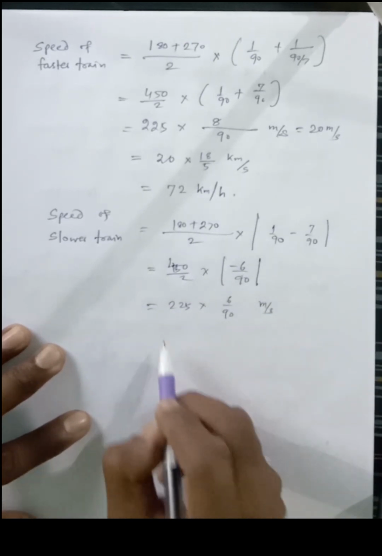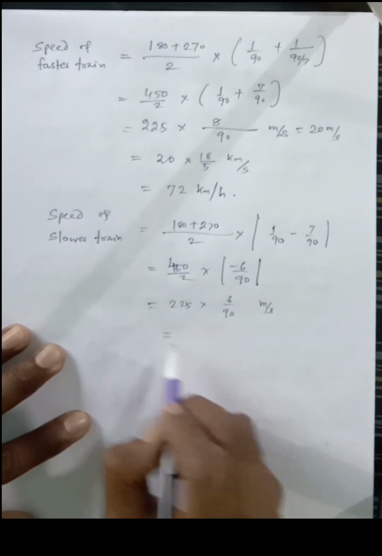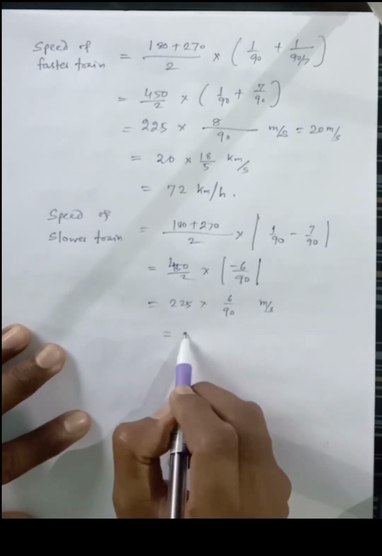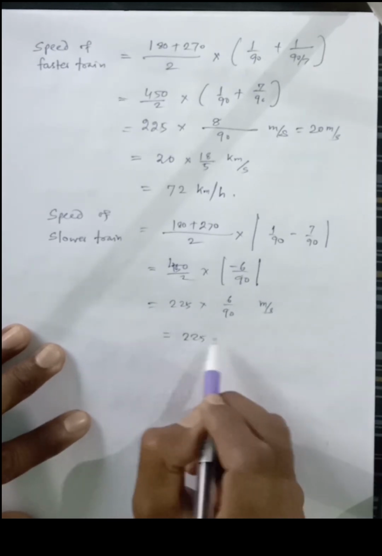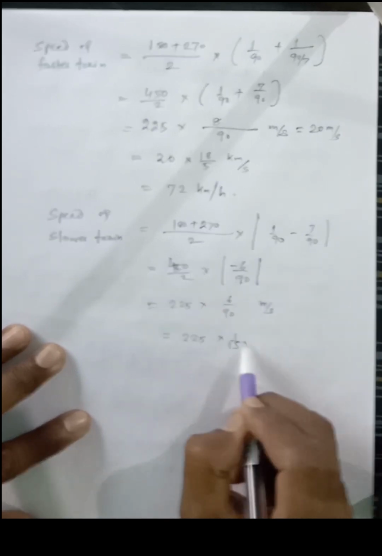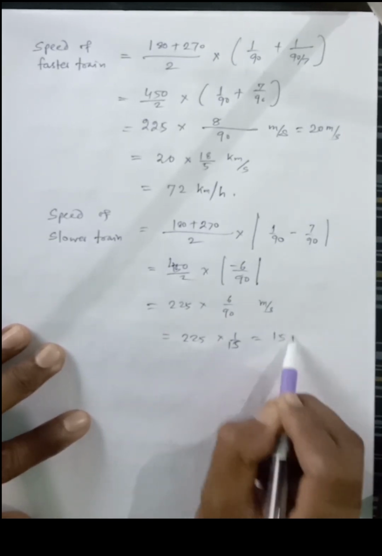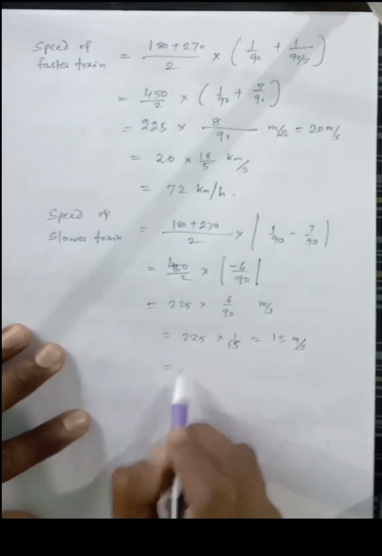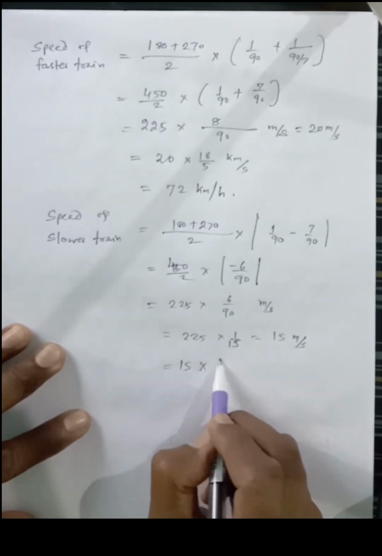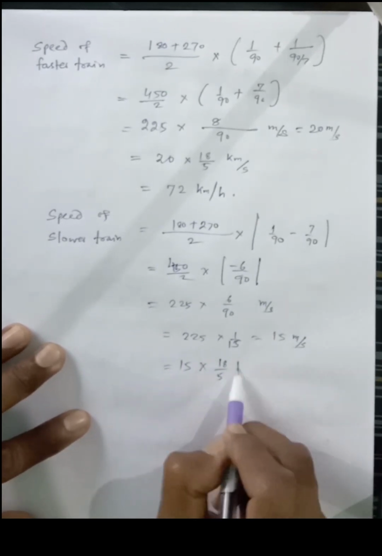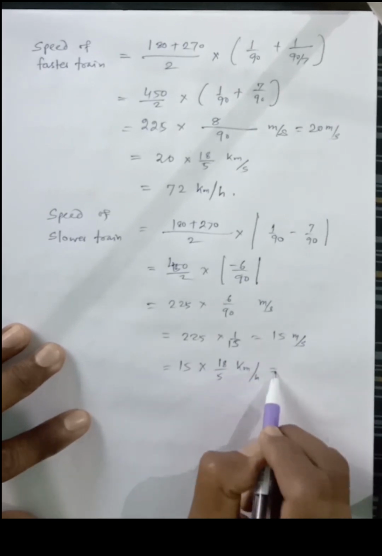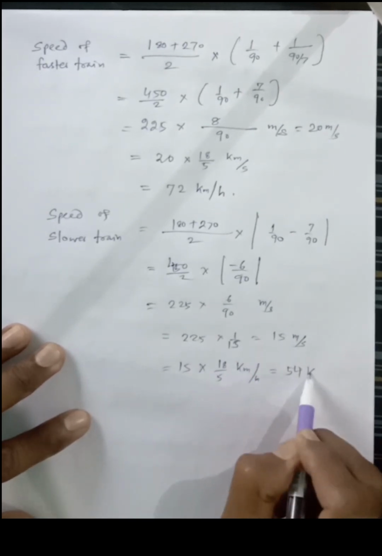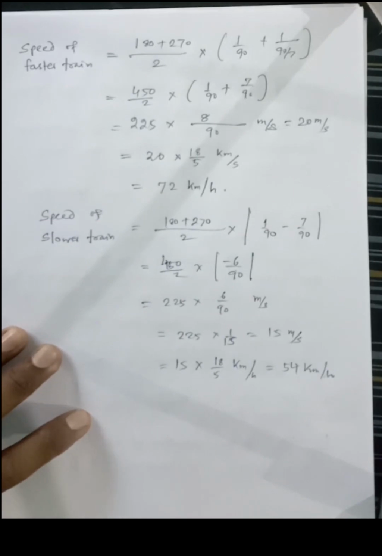This is meter per second. This is 225 into 1 by 15. This is equal to 15 meter per second. This is equal to 15 into 18 by 5 kilometer per hour. This is equal to 54 kilometer per hour.